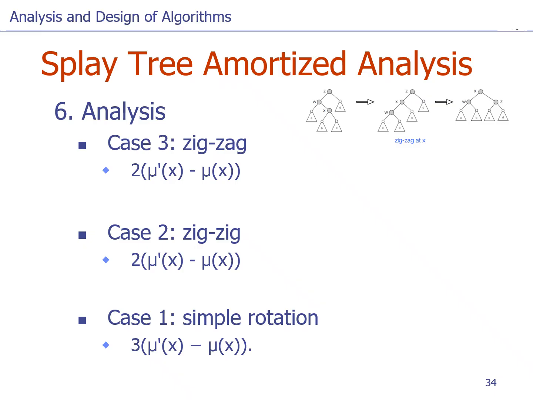Because in these 3 equations, when you look at them, what does each one resolve to? It's the floor of log of the subtree rooted at x. So the first one is 2 log minus log. The second one is 2 log minus log. The third one is 3 log minus log. So they're all in log. Okay?